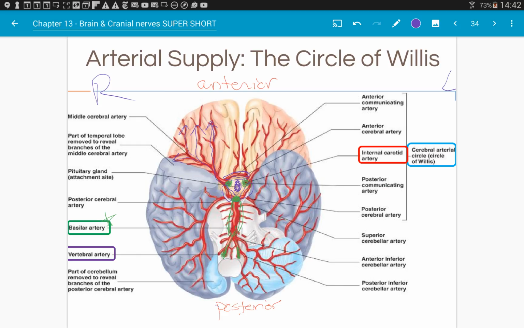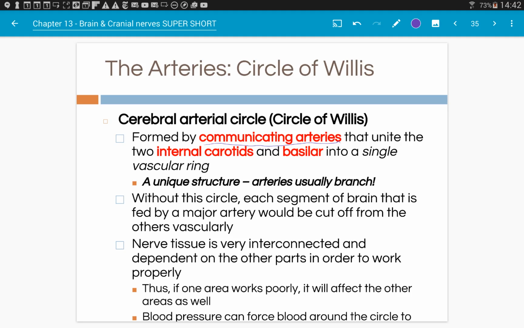Just communicating arteries, internal carotids, and the basilar artery, knowing that the basilar artery is made of the coming together of 2 vertebral arteries. As I mentioned before, it is a unique structure, this circle of Willis, because arteries usually branch. And because they don't here, this allows blood to flow around the whole circle and supply blood to the whole brain.